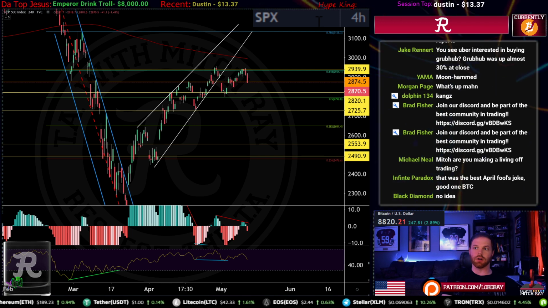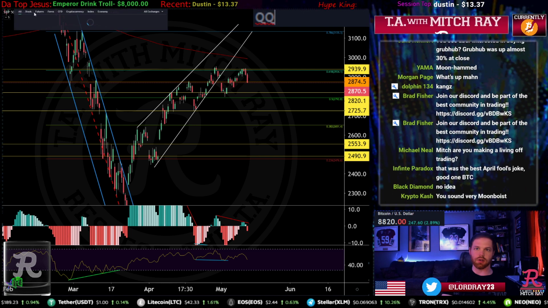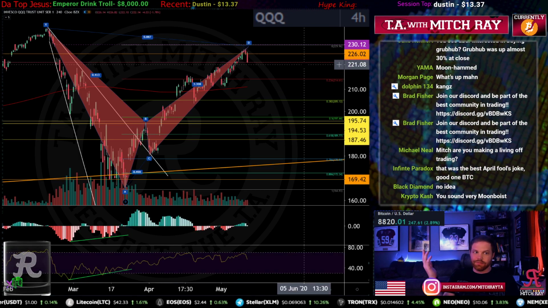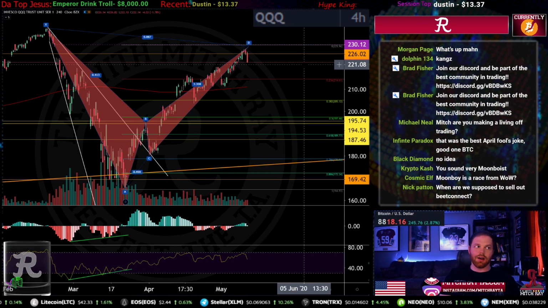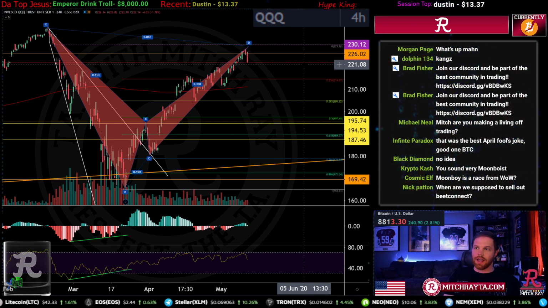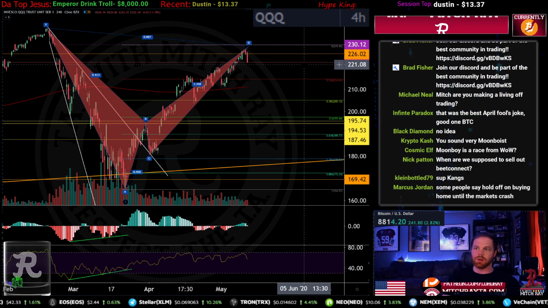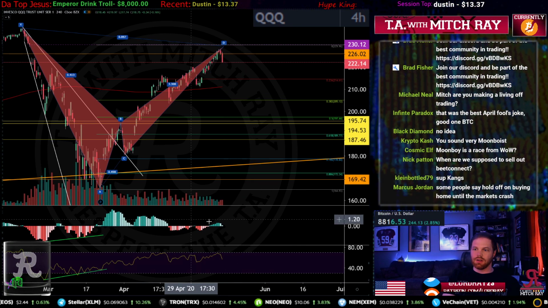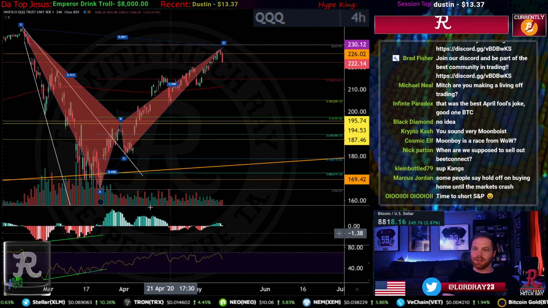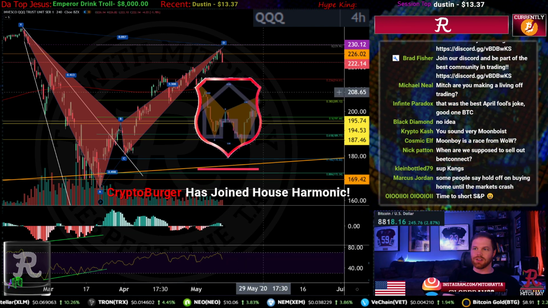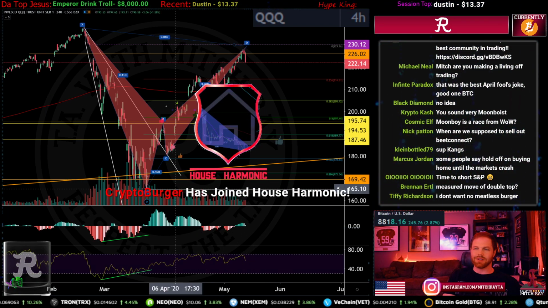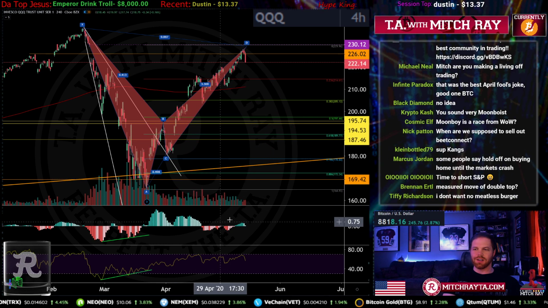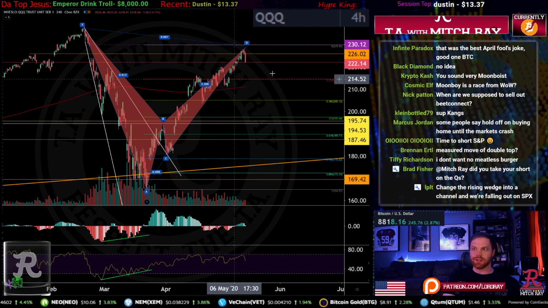Now let's go to the QQQ, which is tech. 886, man. 886, near gap fill. Never quite got to that gap, but we did sell off today. Don't know if it's going to last. But this is the tough one about the Qs. The divergence was so hard to discern because you had two different peaks, and the second peak was at a lower level, so it's not really diverging there.